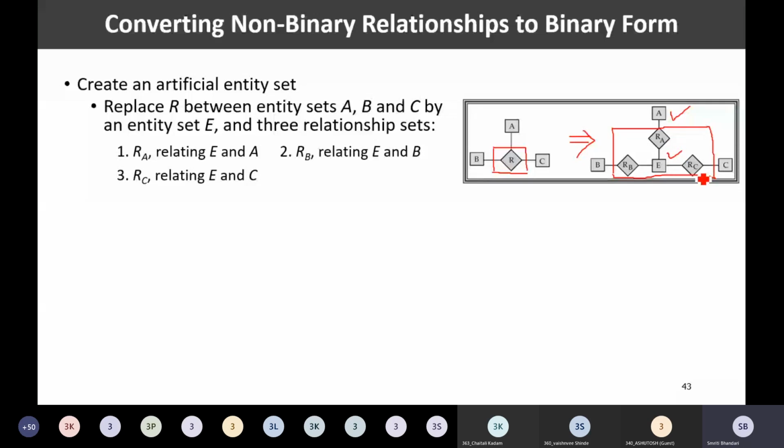Those are connecting E and A, E and B, E and C respectively.